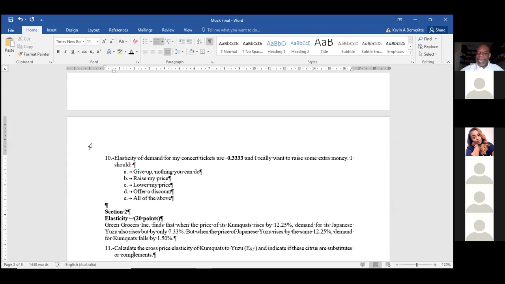Does that help us in answering the question? Did you guys have a question similar to this for your midterm or something? All right, fine. If the demand for your concert tickets is inelastic and you want to make more money, do you give up because there's nothing you can do?